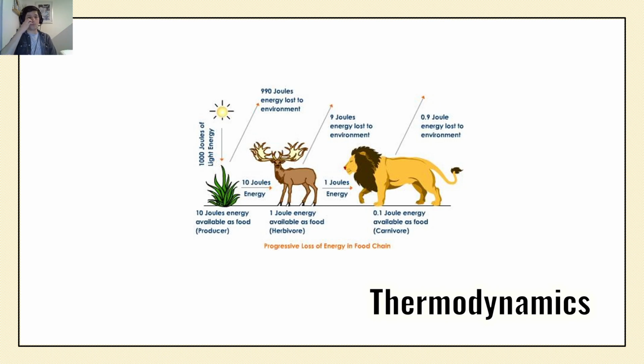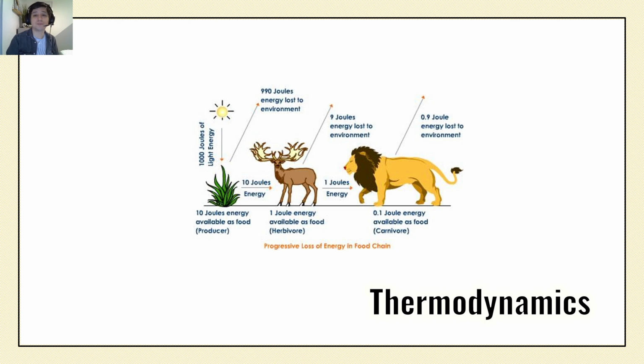Now, what this looks like in real terms, again, here's an example of a food chain. And we can see how inefficient it is and how quickly we lose energy.